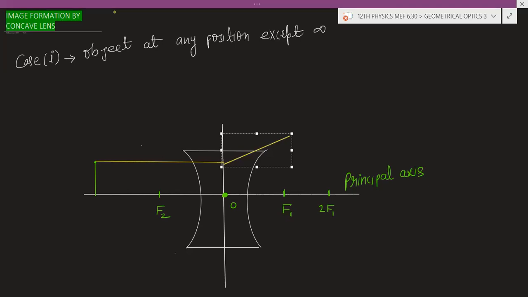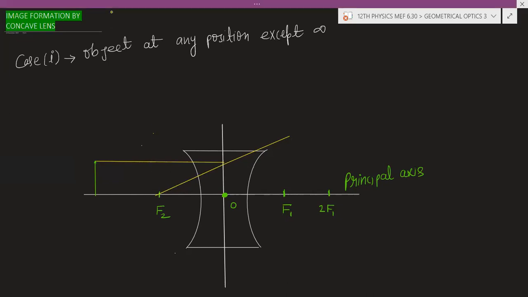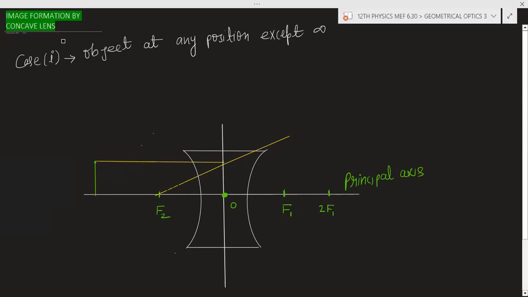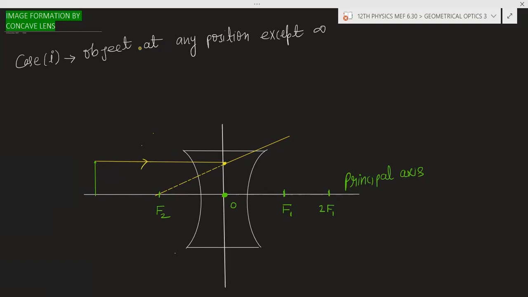And when you produce this diverged ray in the backward direction, it will appear to pass from F2.